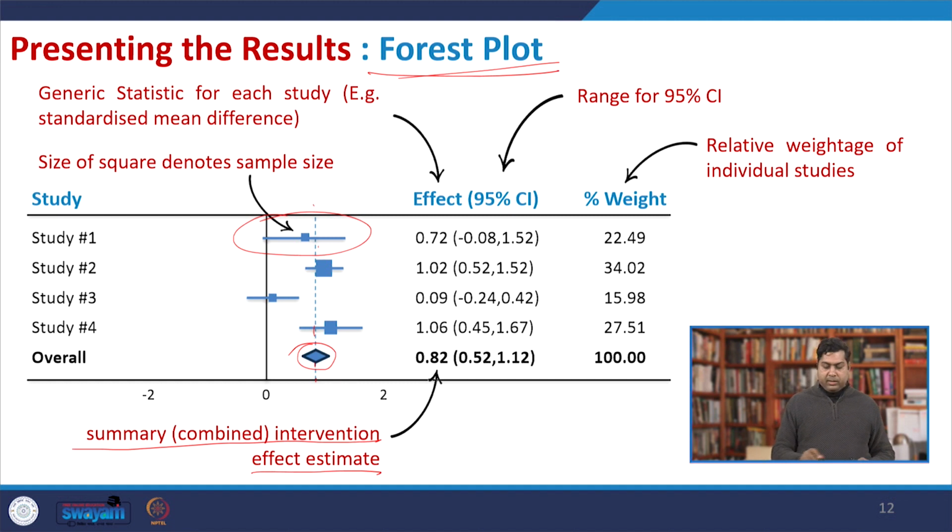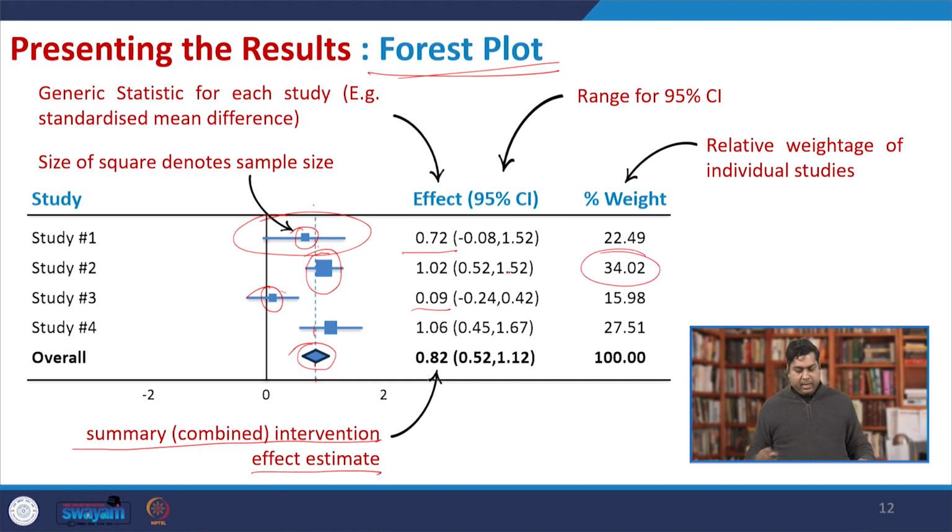For study 1 the effect size is 0.72, and the size of the square is basically the sample size considered in the study; in this case the correlation has been taken. Here the sample size is more, and here the effect size is very small, and depending on that you also get the relative weight.